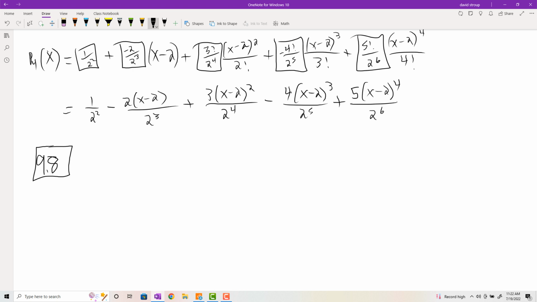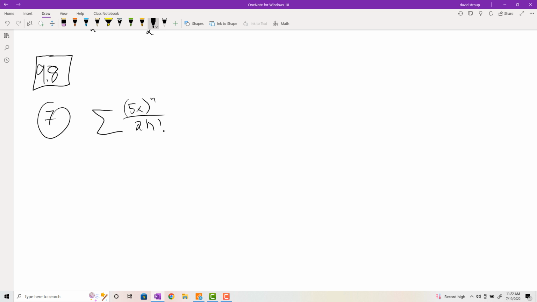Okay, so number 7, we have the sum of 5x to the n all over 2n factorial. So we want to find out, where does this thing converge, right?